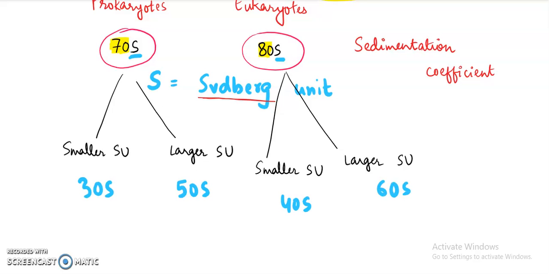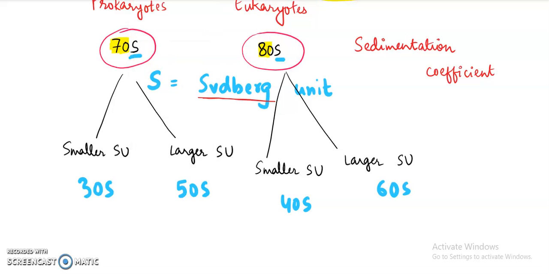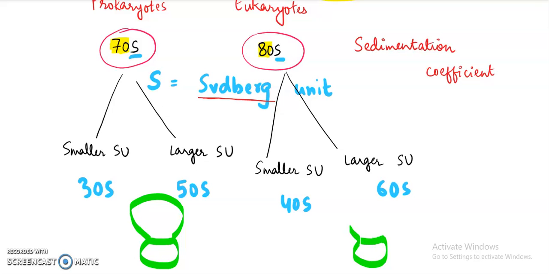The students who are aspiring for the Olympiad, for them it is very essential to learn these values. If you are going to draw the smaller subunit and the larger subunit, the values will differ: it is 30S here, 50S here, 40S here, and 60S here. I hope it is clear to you.